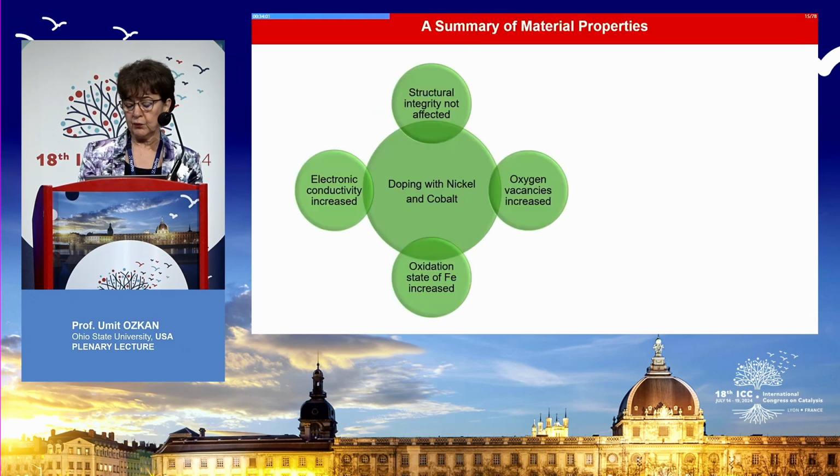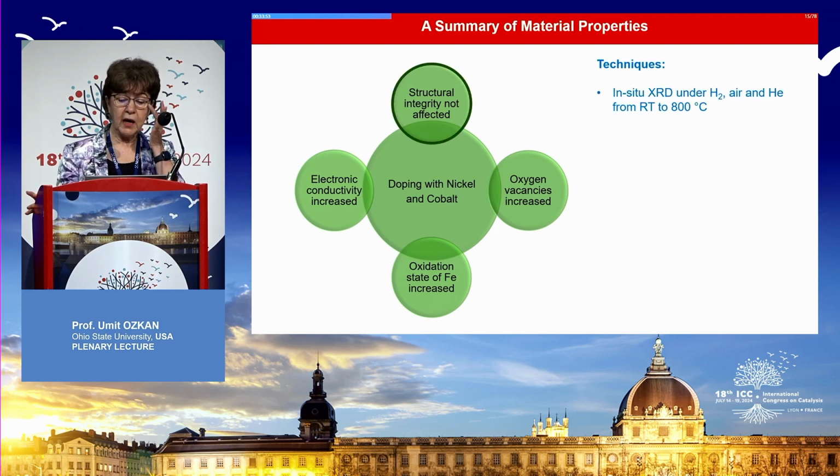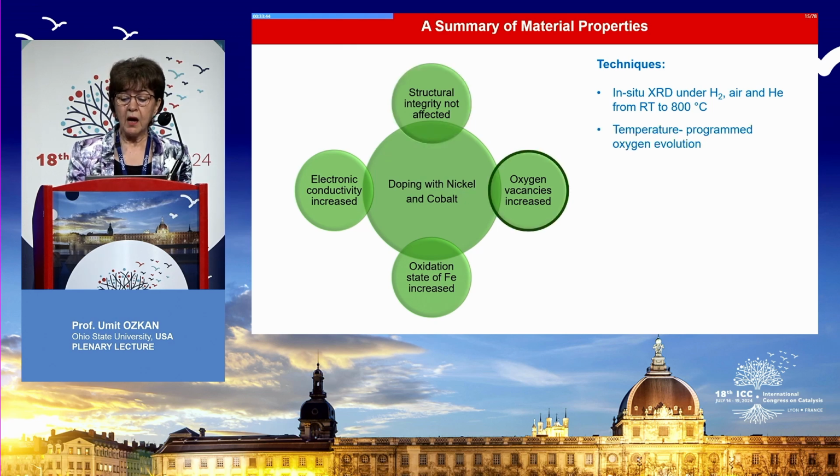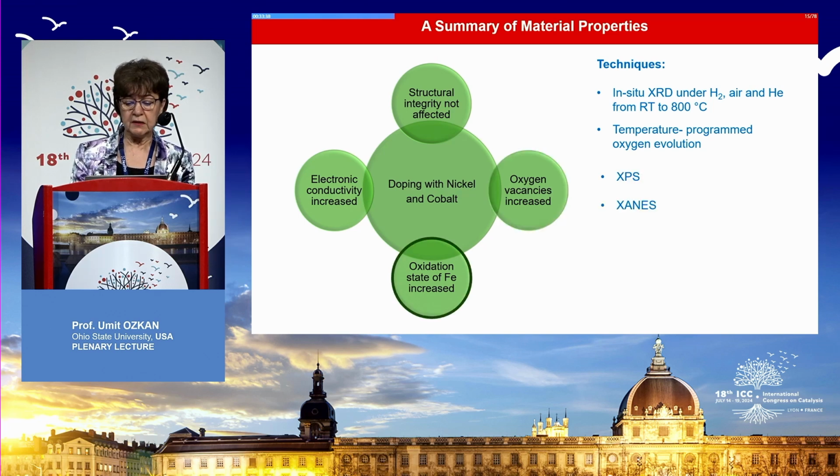I will not go through the details of the characterization results, but I will just show some of what we found out. Using the in situ X-ray diffraction technique, we see that structural integrity is not affected by B-site doping. Temperature programmed oxygen evolution shows us that we have more oxygen vacancies.